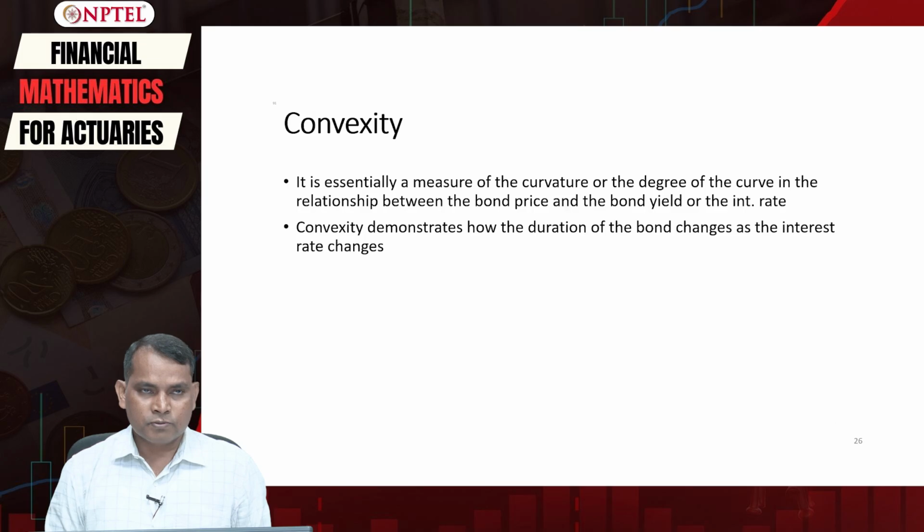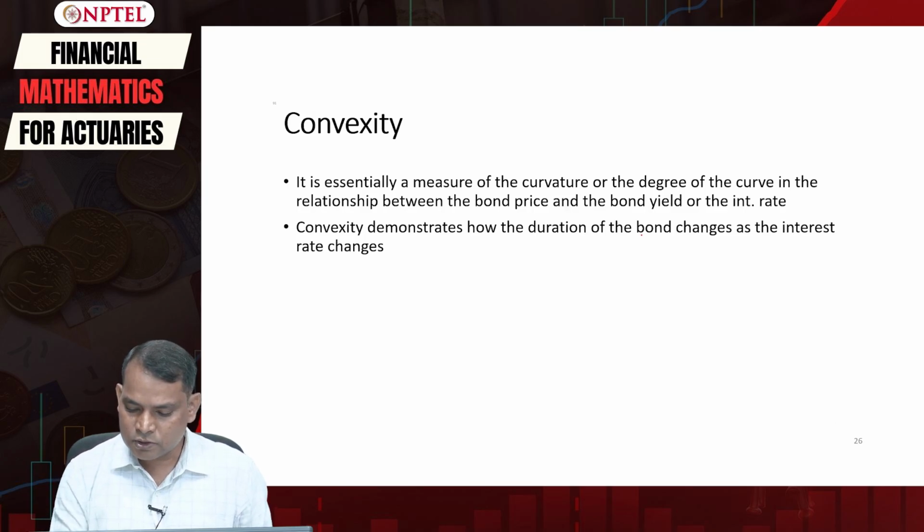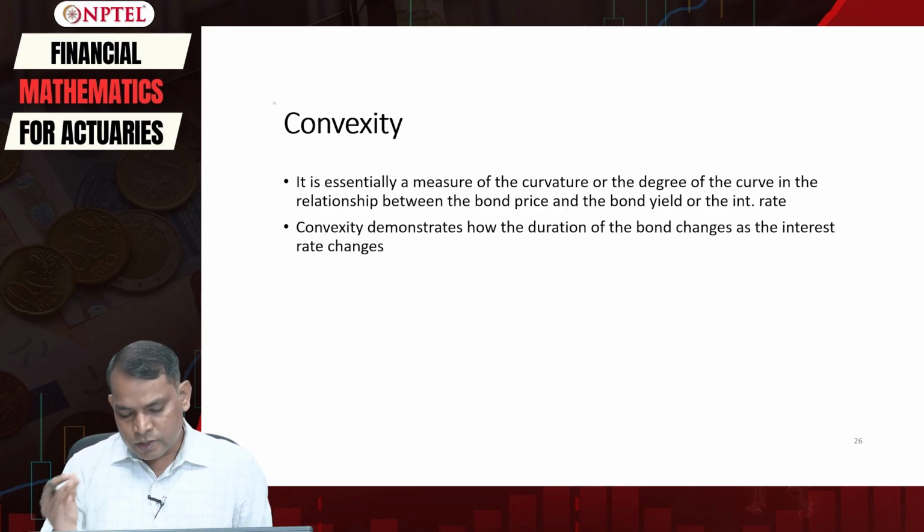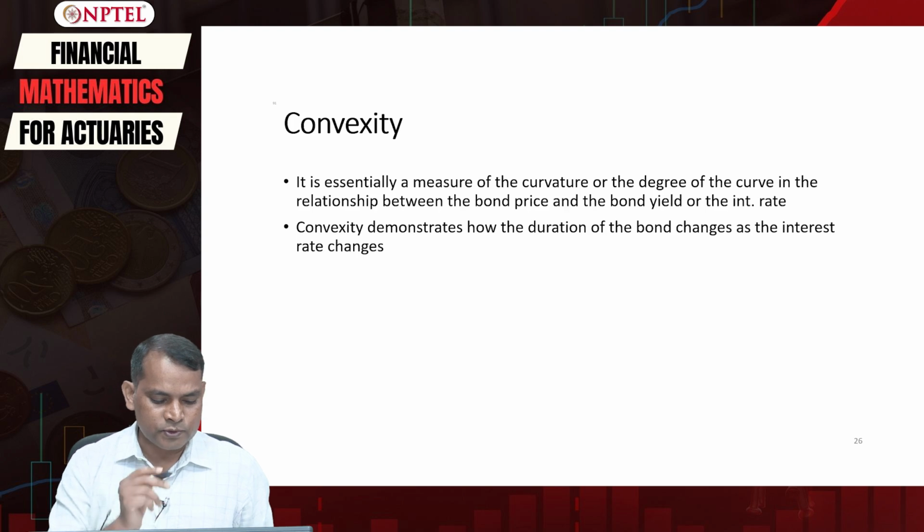Convexity demonstrates how the duration of the bond changes as the interest rate changes. Remember that we use the first derivative to compute the duration, and we will take the derivative of the derivative to compute the convexity.